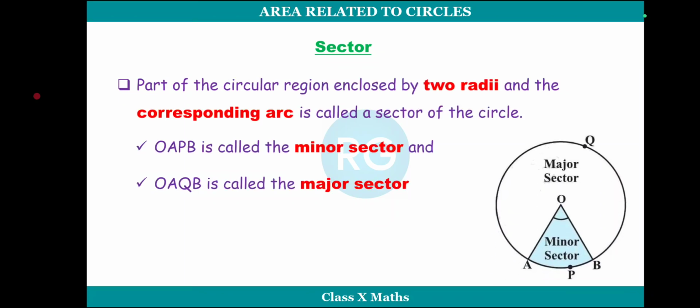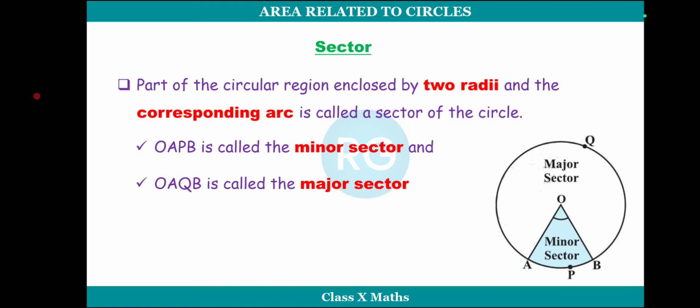First of all, whenever we are dealing with this particular chapter, we should know the concept of sector. Now, what is a sector? The part of the circle, the circular region enclosed by two radii and the corresponding arc, is called a sector of the circle.